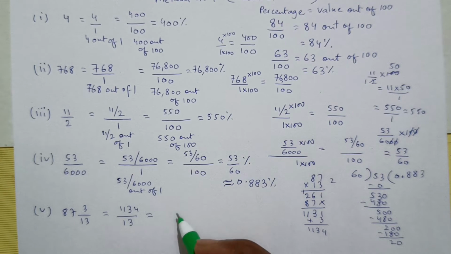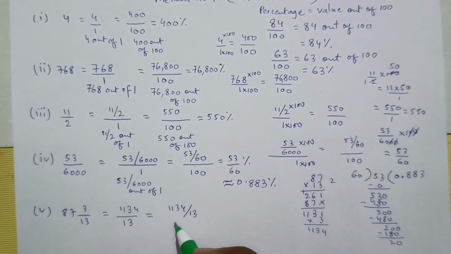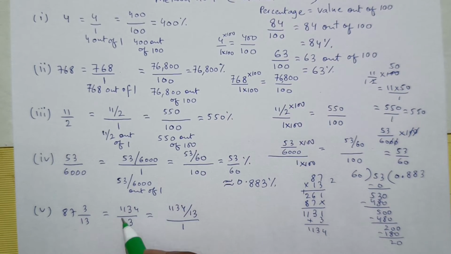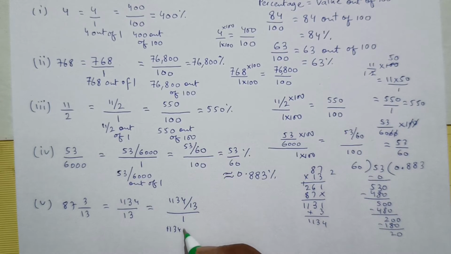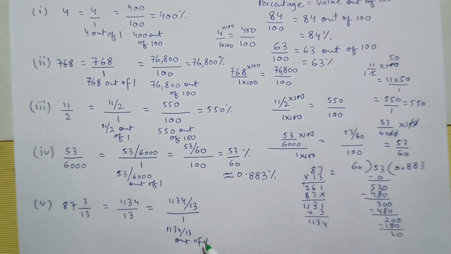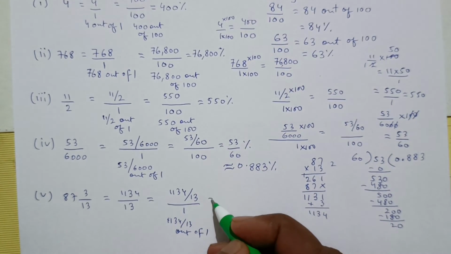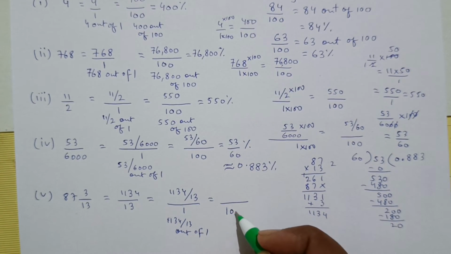Now 1134 by 13, I can write it as 1134 by 13 upon 1. So this means 1134 by 13 out of 1. For percentage, the value should be out of 100.